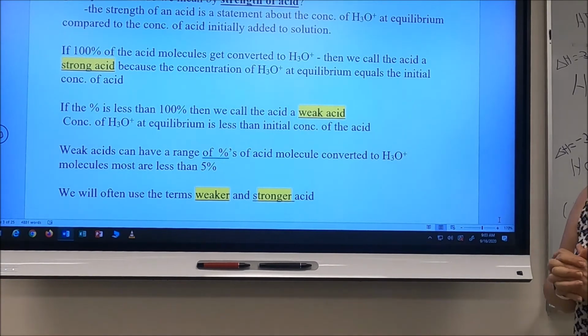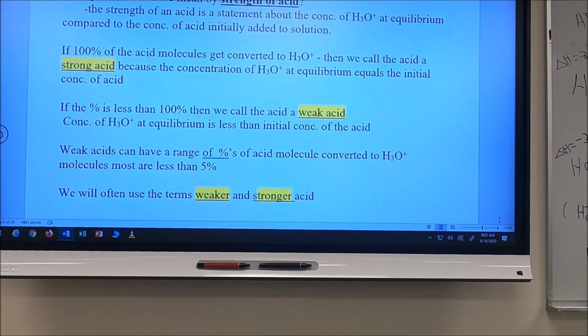Okay? For a weak acid, the concentration of hydronium ion at equilibrium is less than the initial concentration of the acid. For most weak acids, the hydronium ion is going to be 5% or less the original concentration of the acid.